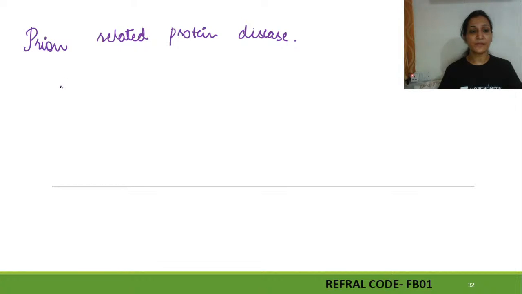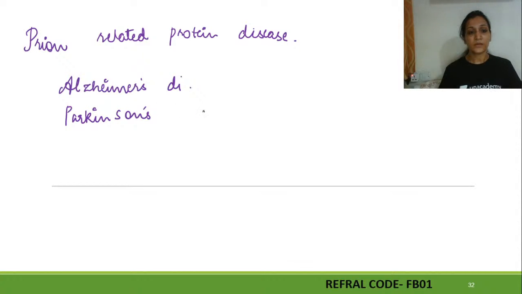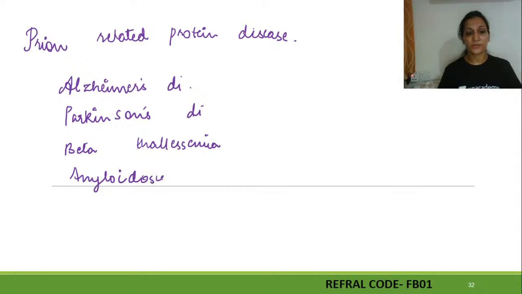There are some examples: Alzheimer's disease, then Parkinson's disease, then beta thalassemia, ignore the spelling, and amyloidosis.